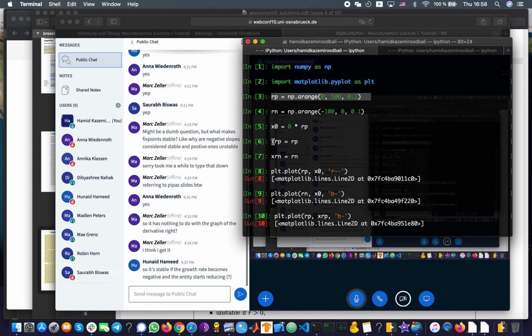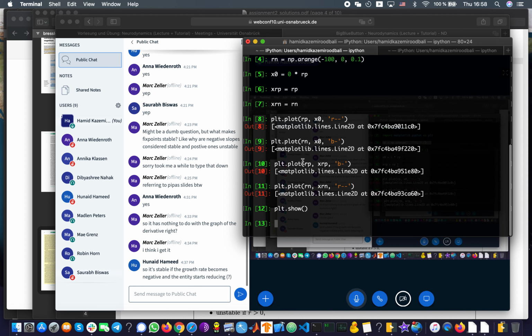For this I have a function like xrp, which is exactly rp, right? This is very simple, like y is equal to x, as well as for the negative one, x of negative r's, which is equal to negative r's. I just plot them based on the blue lines for stable ones and the red dashed line for the unstable ones.